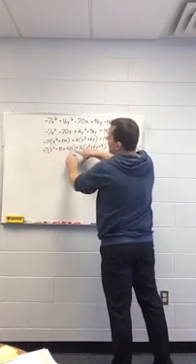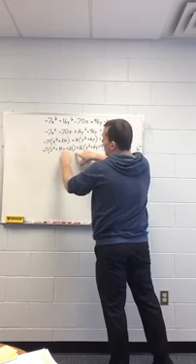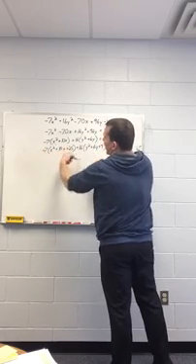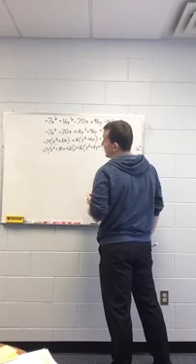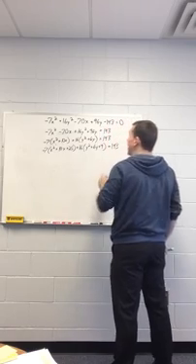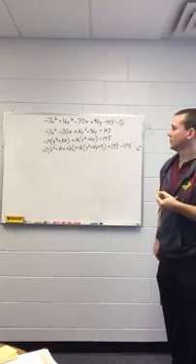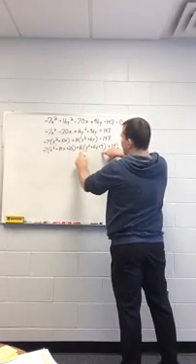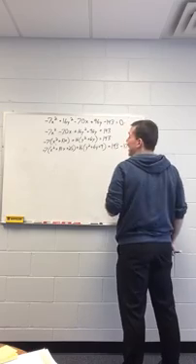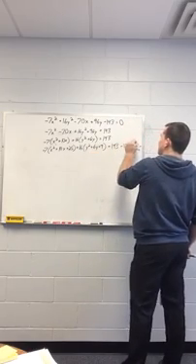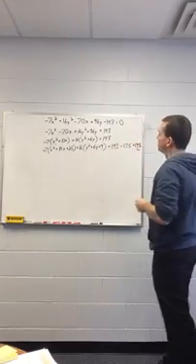Here, I didn't actually add 25. Remember, we have to multiply by the outside. Negative 7 times 25 is negative 175, which means actually I subtracted 175. Here, 16 times 9 is 144, and that's added, so I add 144.